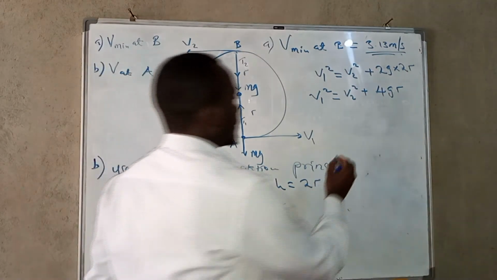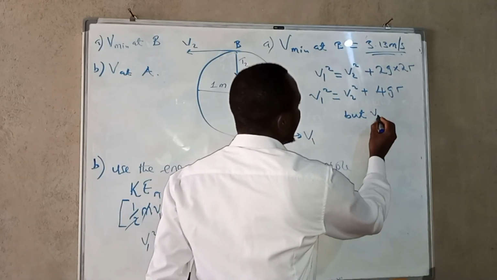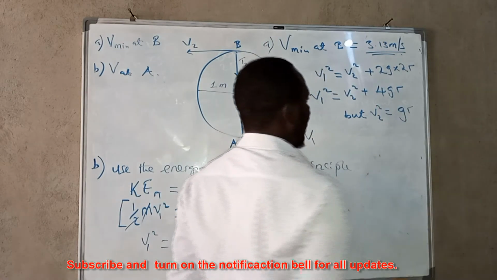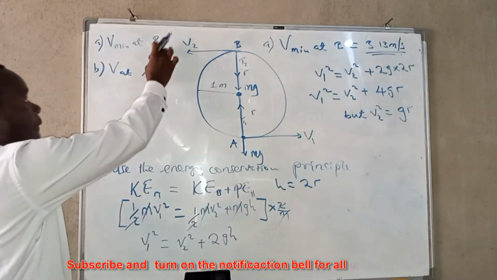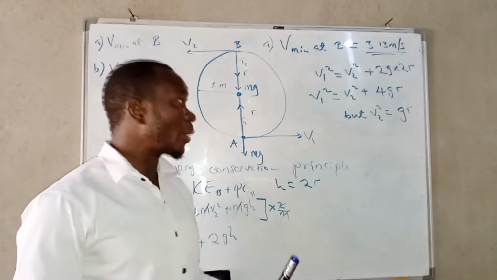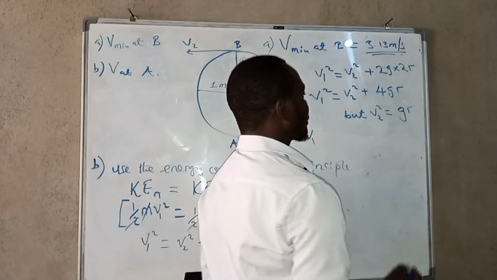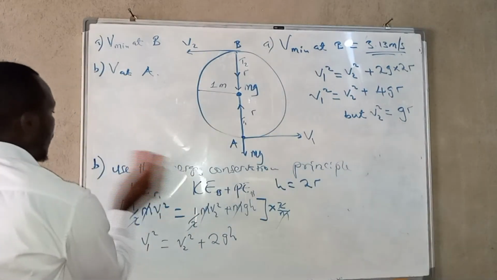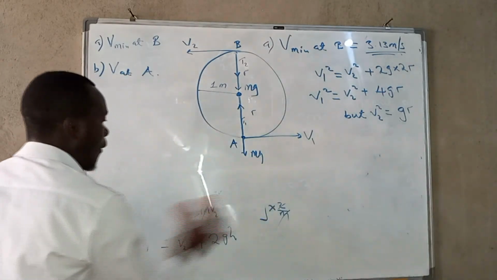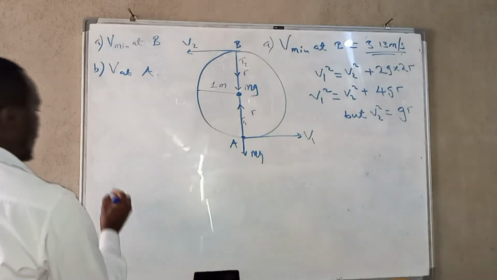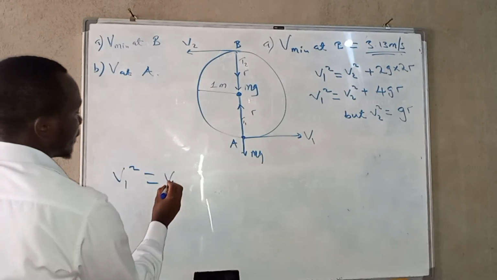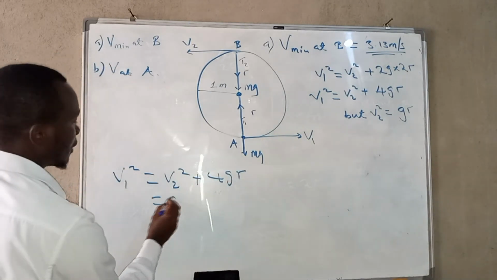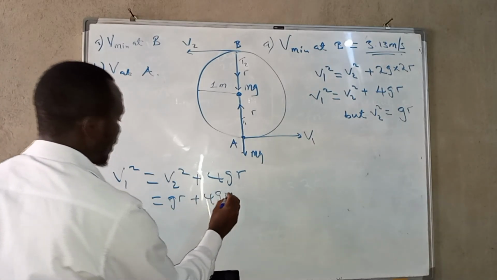But v2 squared is equal to gr. That's what we found when we were working out part A. So if we put this in, we're going to have v1 squared is equal to gr plus 4gr.